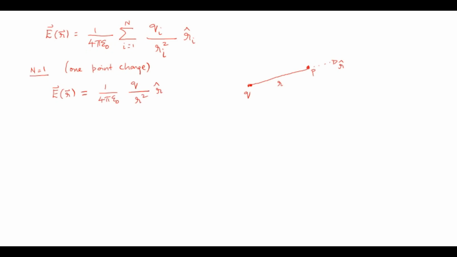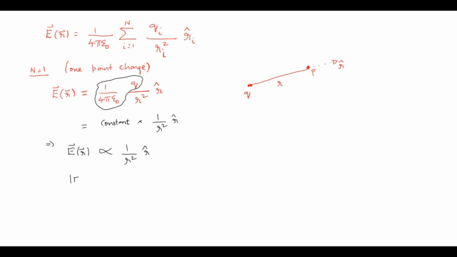So what we notice is that once the source charge small q is given, this part is constant, so this is a constant times 1 over r square r hat. So this means the electric field for a point charge varies like 1 by r square r hat.